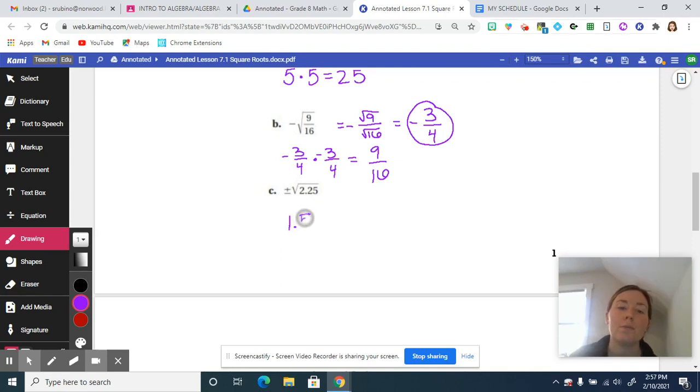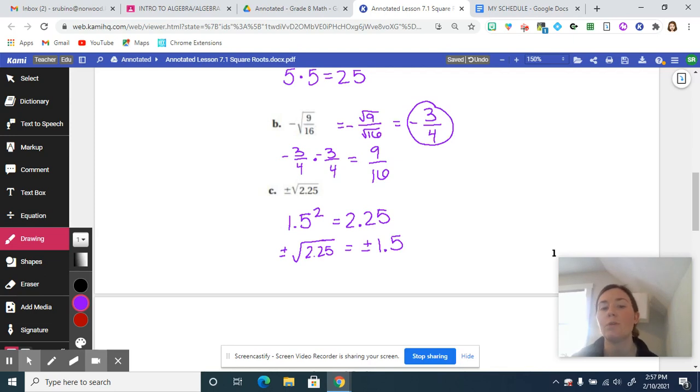Because we know that 1.5 squared equals 2.25, the square root of 2.25 would be plus or minus 1.5. We can multiply 1.5 by itself to get 2.25. We can also multiply negative 1.5 by itself to get 2.25.